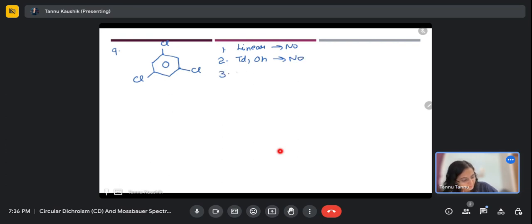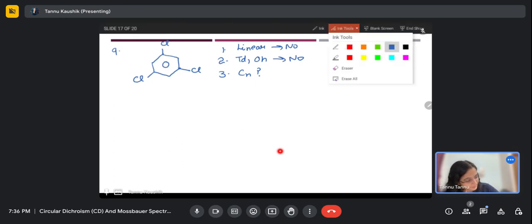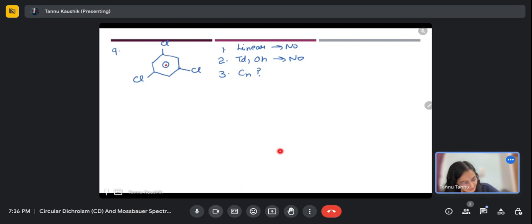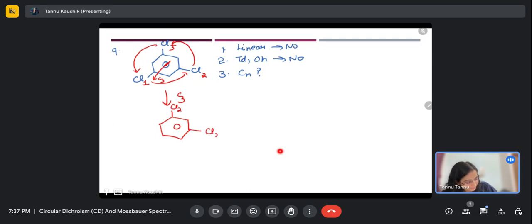Then what is the principal axis of rotation? So here we have C3 axis of rotation, perpendicular to the plane of the ring, such that if you rotate this molecule at 120-degree angle, you will get an identical configuration.